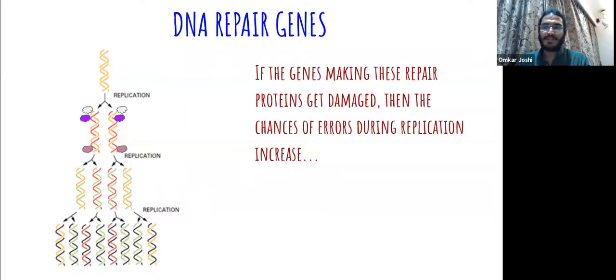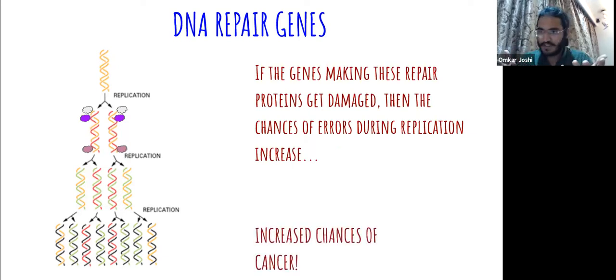Now imagine what happens if 2 of the 5 proteins are non-functional. Non-functional because remember I told you they might be damaged because of mutations. So now if there is a damage to the gene which codes for a faulty protein which cannot function, it basically means that the chances of errors propagating increases. So if the genes making this repair protein get damaged, then the chances of errors during replication increase, which again is a precursor to increased chances of cancer.